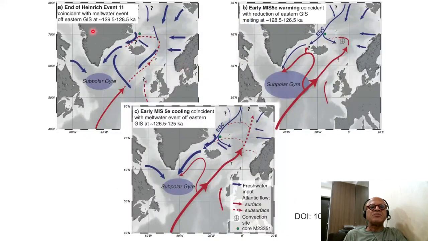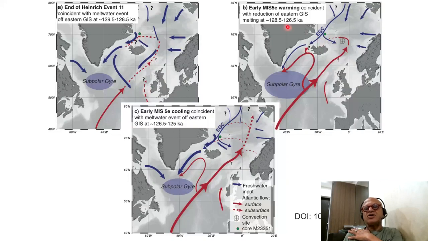So just briefly, coincident with a meltwater event of eastern Greenland here, at 129.5 and 128.5 kiloyears, you had changed circulation, so a lot of cold southward currents and weakened northward currents, some with unknowns here.